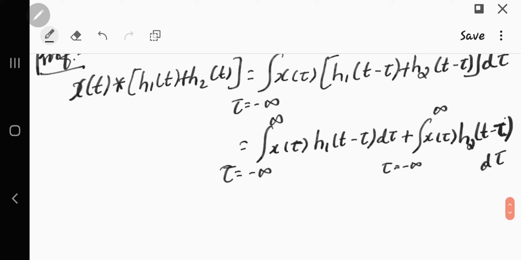Now compare these two expressions with the definition of convolution integral.